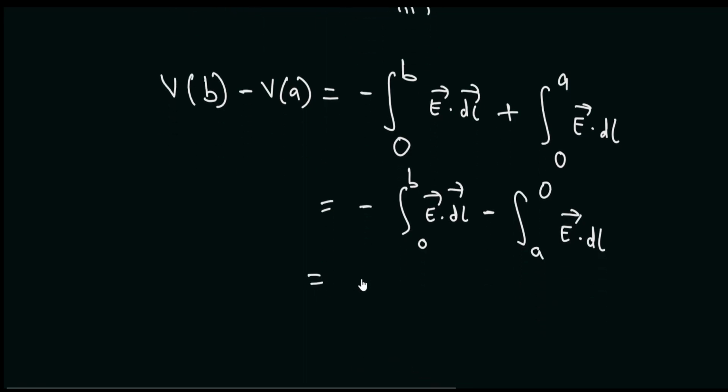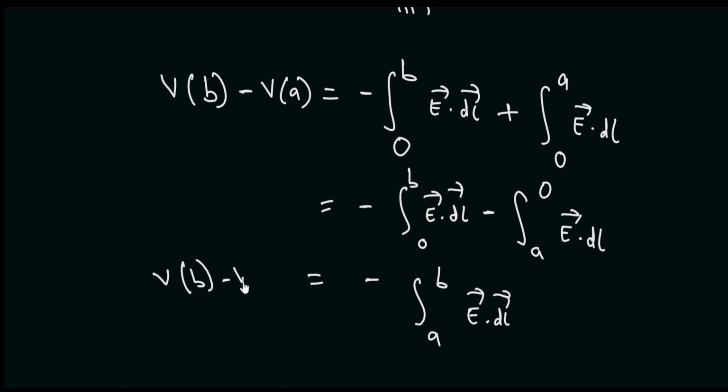Or we can write VB minus VA as minus the integral. We can combine these two integrals now. So A to B of E dot dl, that is VB minus VA.